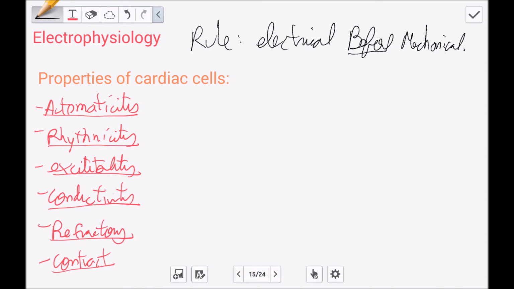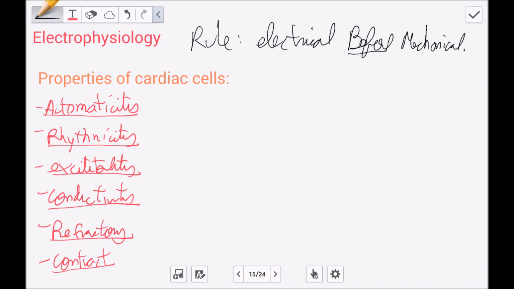So each one of these cells inside your heart is quite formidable because they can perform a lot of actions on their own. So cardiac cells can be automatic. They can have their own rhythm. They can become excited on their own. They can conduct electricity between each other.